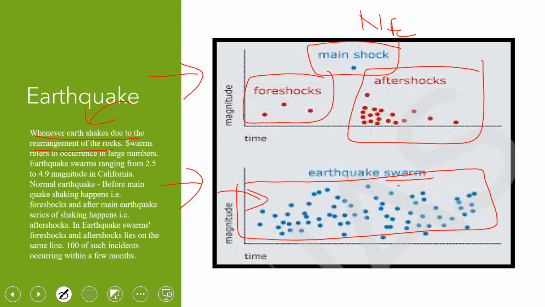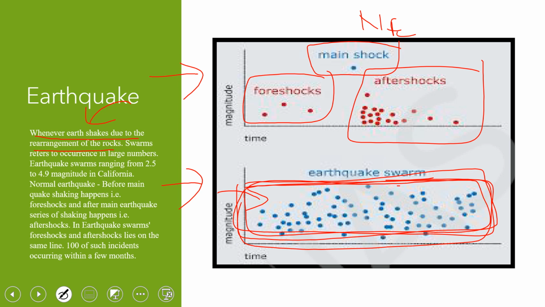Sometimes it may be 4.9, 4.5, then 3, then 2, then again 4.9. So the data we are observing is a kind of homogeneous reading.